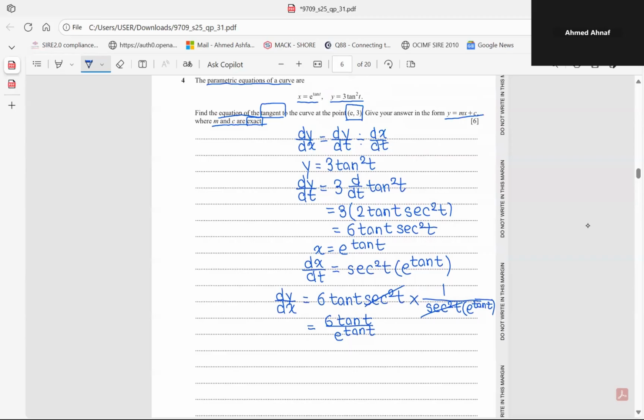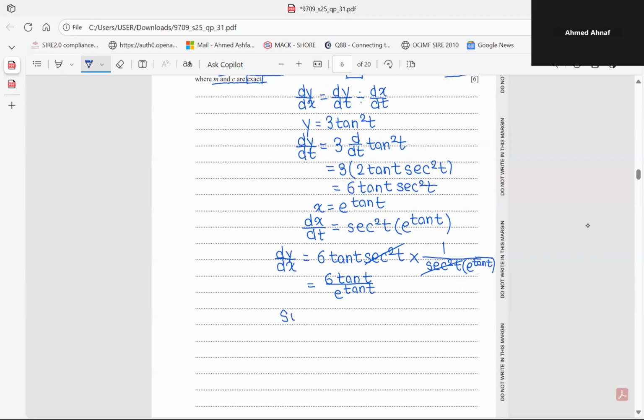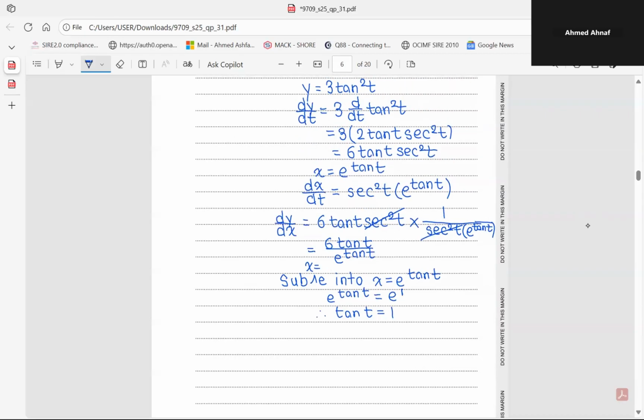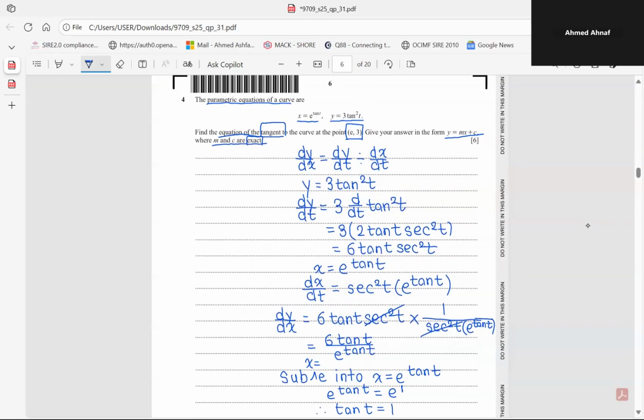I'm going to sub x equals e into x equals e to the power of tan t. So we would have e to the tan t equals e. And by equating powers, e is just e to the power of 1. We can clearly see that tan t is equal to 1. So now we have a trigonometric equation to solve.